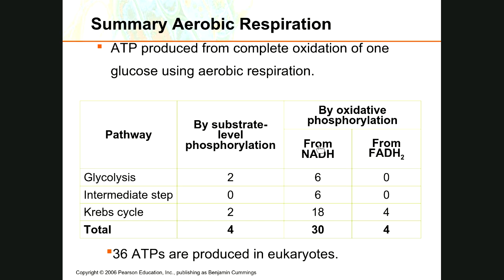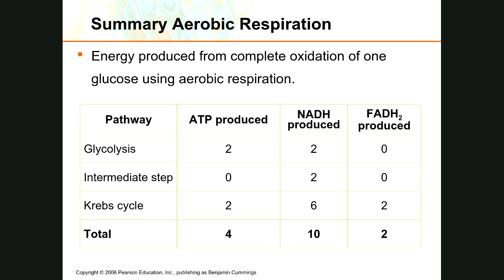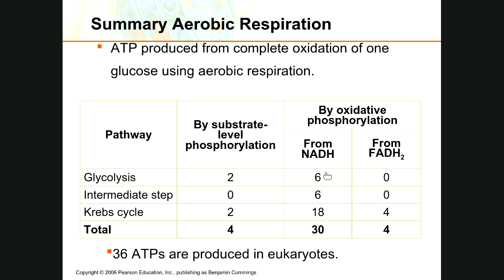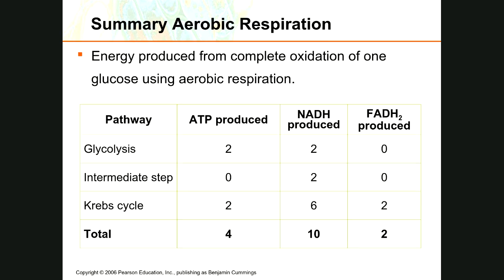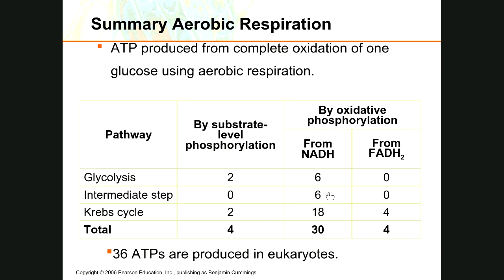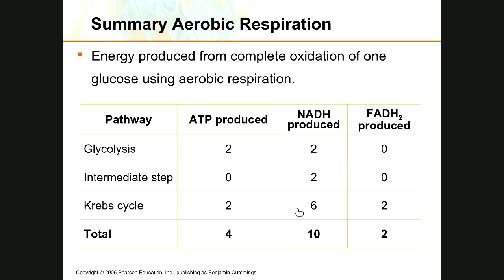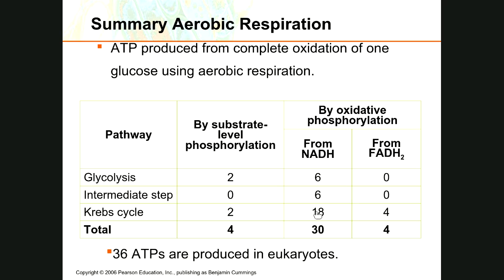The NADHs: remember we said 2 NADHs are produced in glycolysis, and they make 6 ATPs. 2 NADHs were made in the intermediate step, and they produce 6 ATPs. 6 NADHs produced in the Krebs cycle yield 18 ATPs.